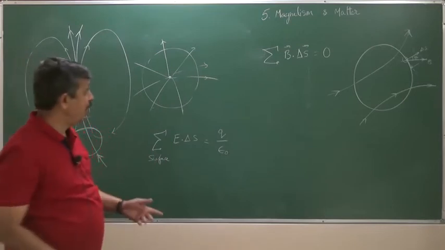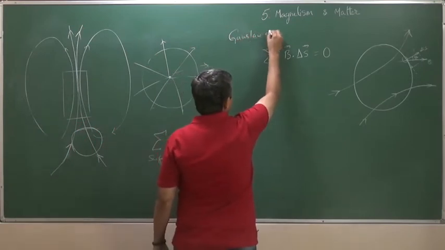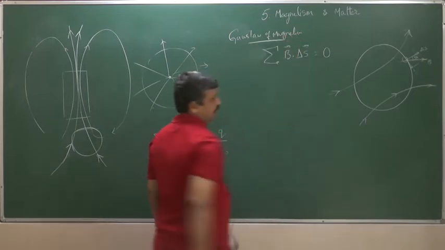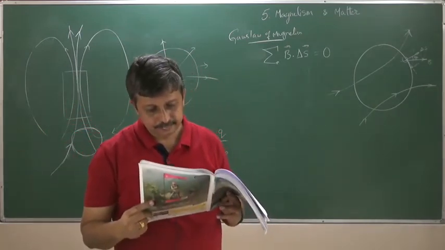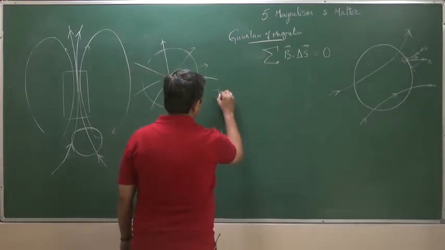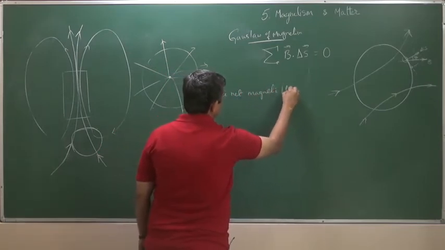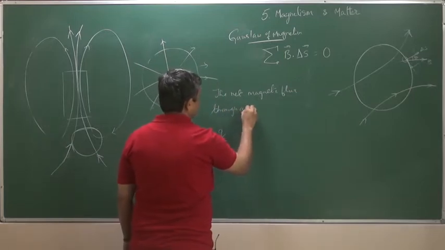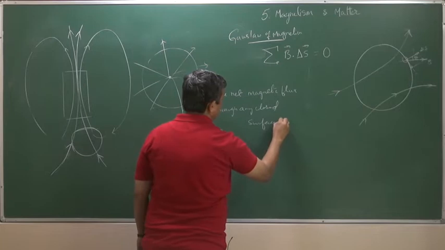So the Gauss law of magnetism states, in a simple statement, that the net magnetic flux through any closed surface is 0.